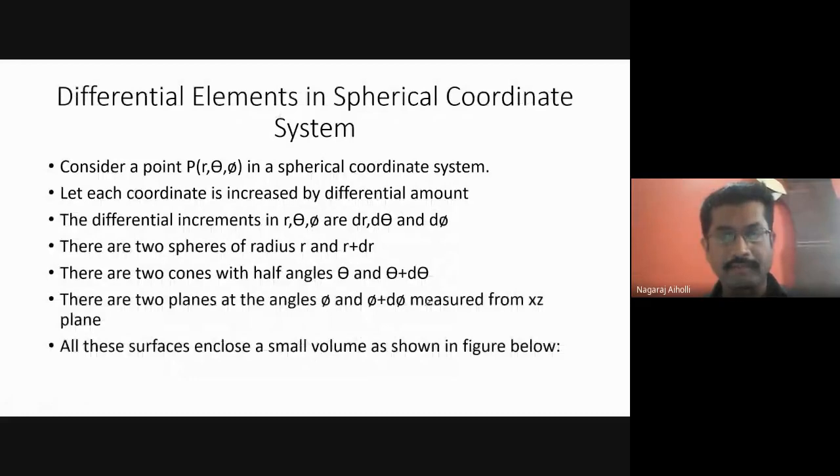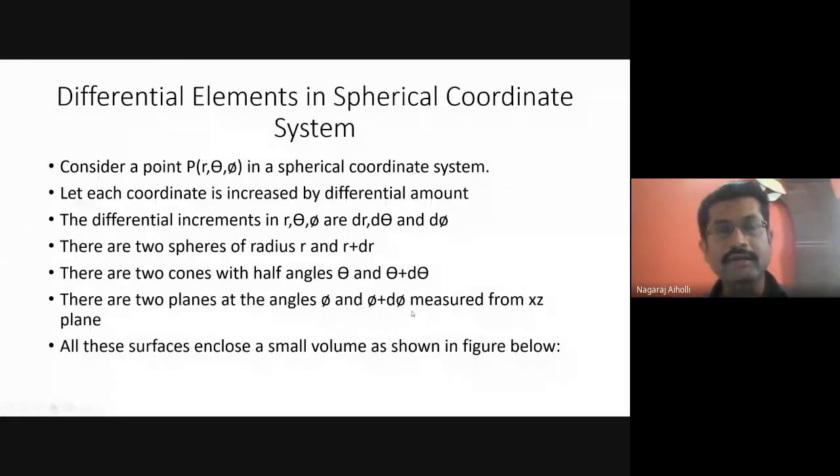Then theta is increased to theta plus d theta, and phi is increased to phi plus d phi. These are the differential amounts with which we increase the coordinates of the spherical system.